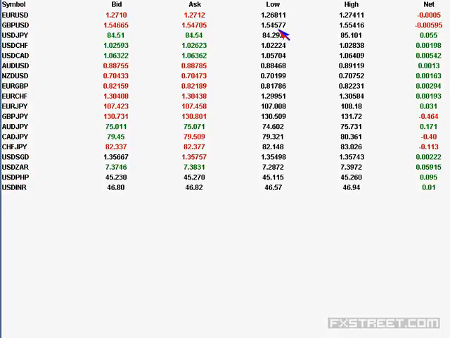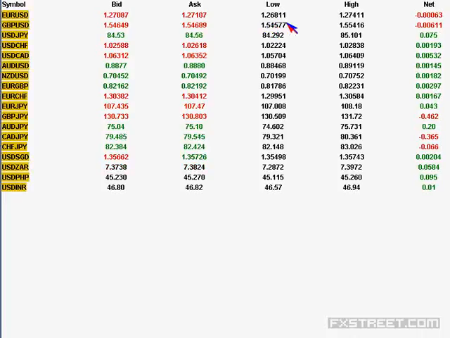In the case of GBP, they are still holding below the initial low. The initial low was around 1.5509, and subsequently they breached it and came down to 1.5470, and that also they have breached and come down to 1.5457, and currently trading around 1.5464.